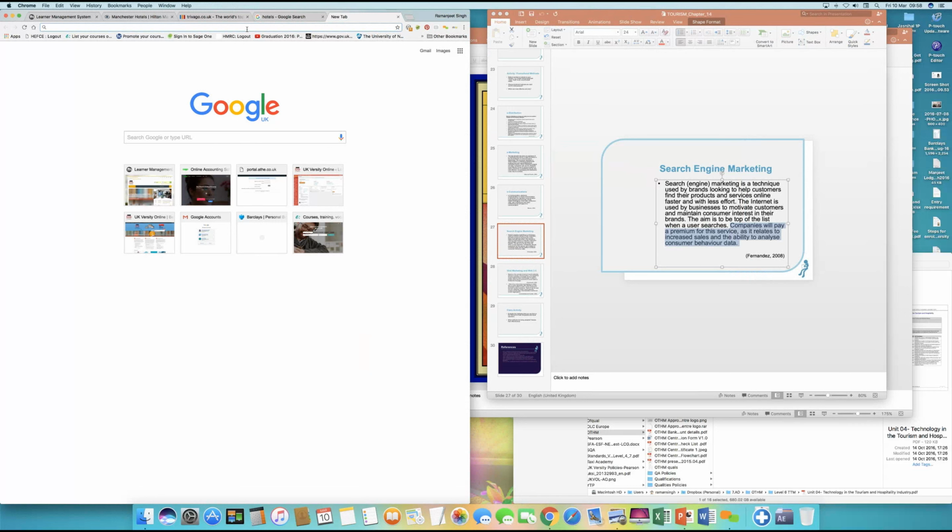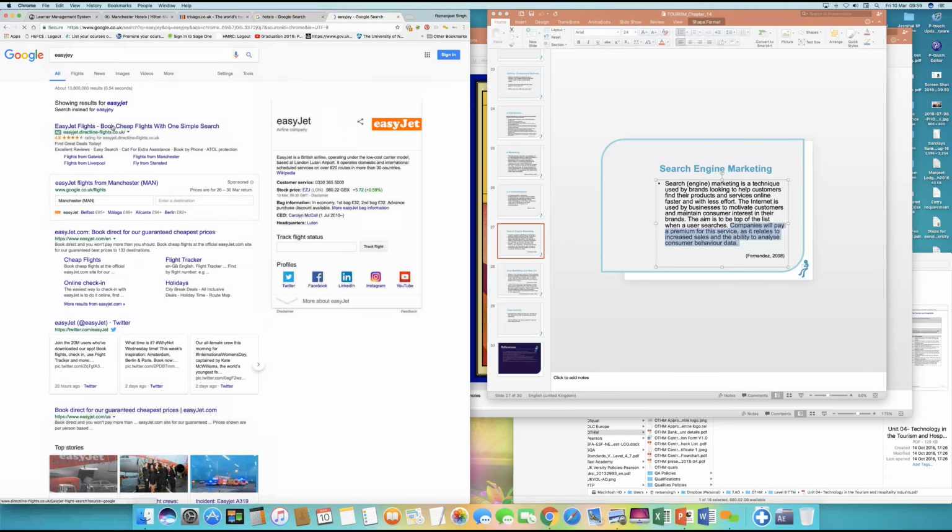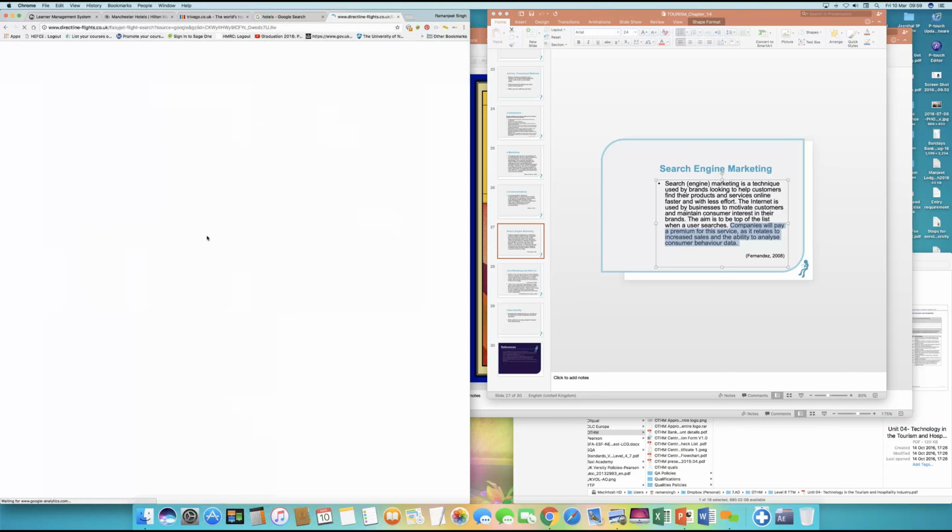Yes, I got it. So let me go to another site, for example. I don't want to go to a hotel site, but let me go to, say, EasyJet. When I go to EasyJet, click on that, and basically look at booking a flight.